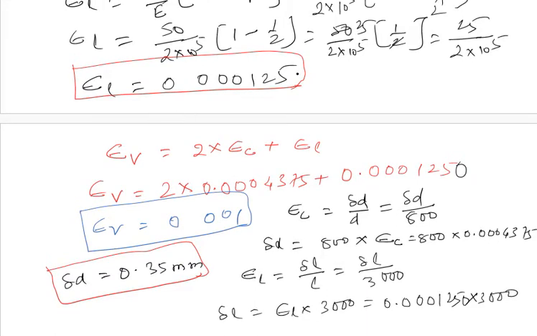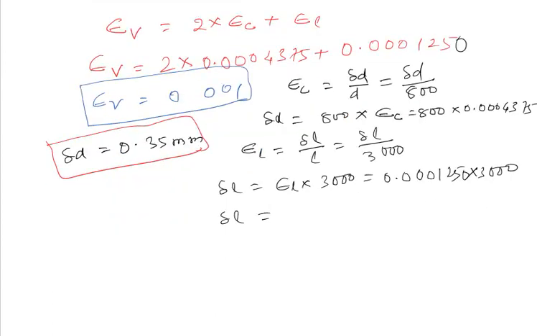So the value of change in length also we got here, that is 0.375 mm. Correct? This is the change in length of the drum due to internal pressure P. So we got both values.